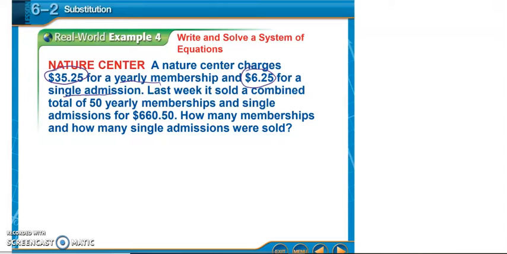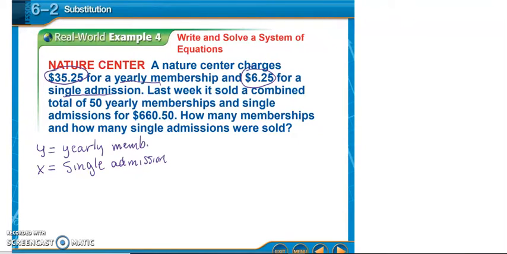So the two things we've got are a yearly membership and a single admission. You decide what letters you want to go with these. You can use X and Y, or A and B, whatever letters, but I'm going to use X and Y. I'm going to make Y the yearly membership because it has a Y with it, and X the single admission.